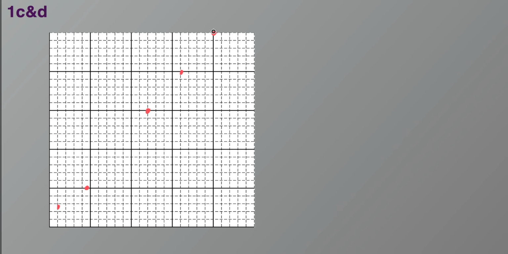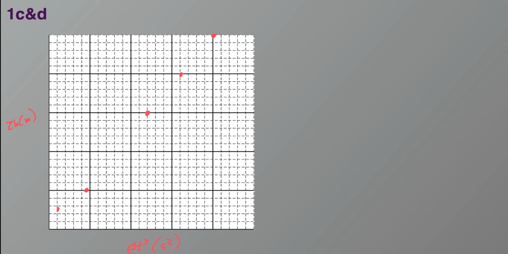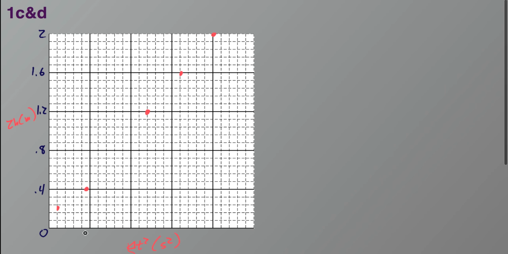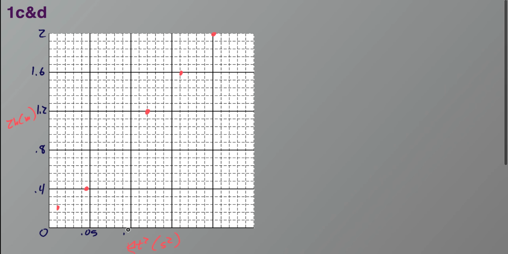Something kind of close to this, where we have 2h in meters over here, and delta t squared in seconds squared down here. And our scales, I used 2, 1.6, 1.2, 0.8, 0.4, 0, and our times 0.05, 0.1, 0.15, 0.2, 0.25 in seconds squared.